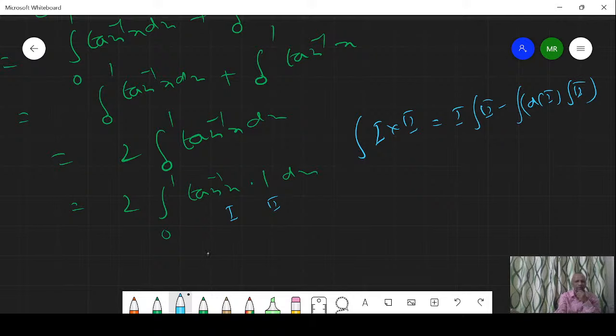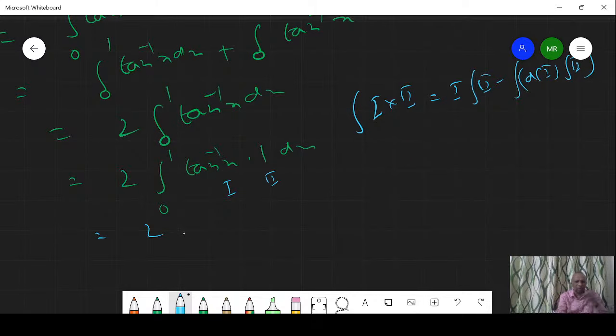So you can apply here 2 into tan inverse x into integral of 1 dx.